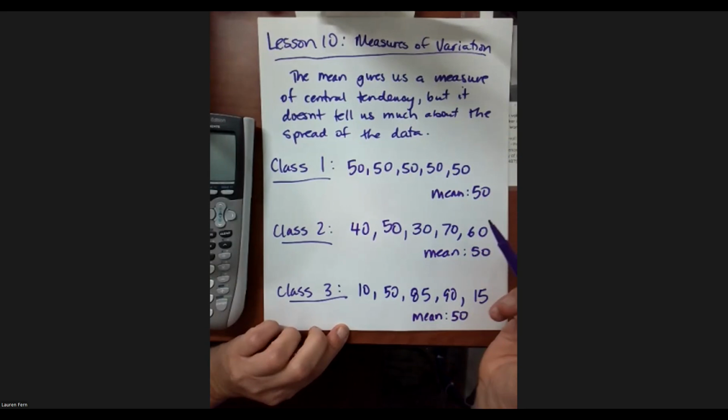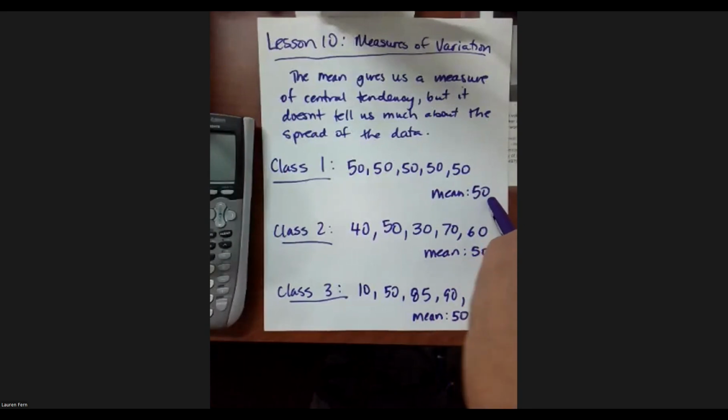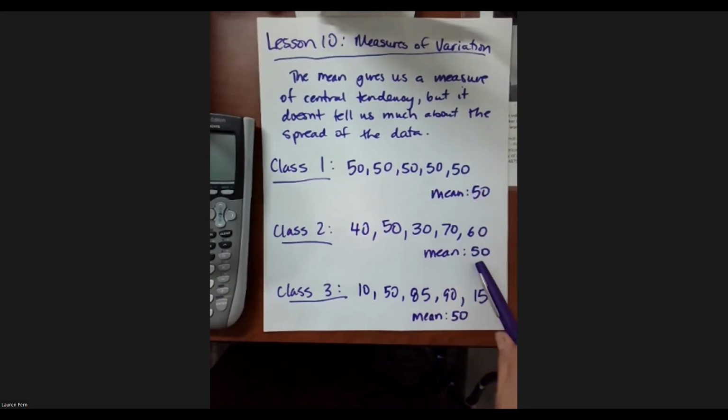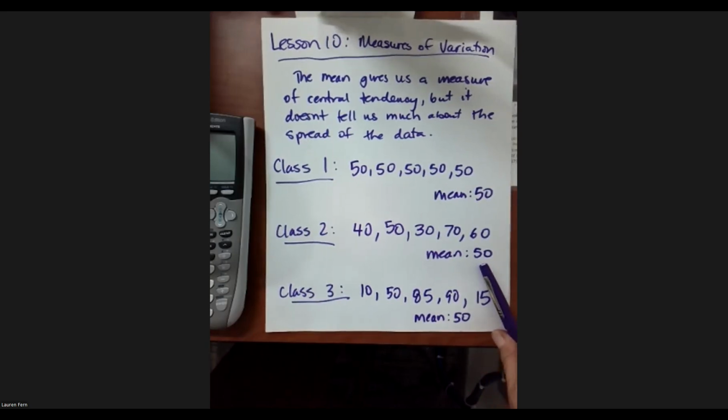So I'm going to ask myself, how indicative is the mean in each of these situations? Well, in this first class, I would say that it's pretty gosh darn indicative. It's exactly what everybody got. So here I would look at my class average and be like, yeah, this really gives me an idea as to what happened in the class. You with me there? With this one, I claim it gives me a pretty good idea.